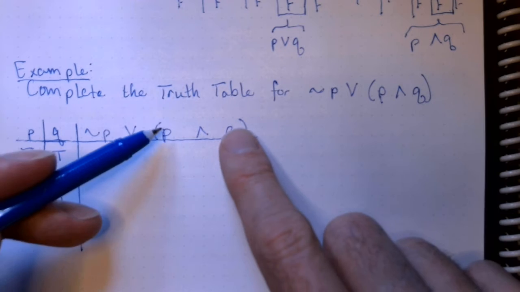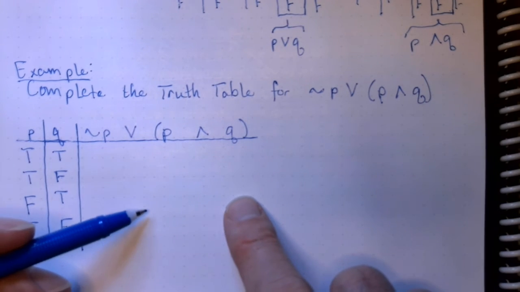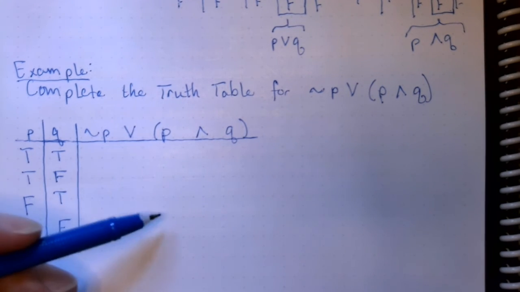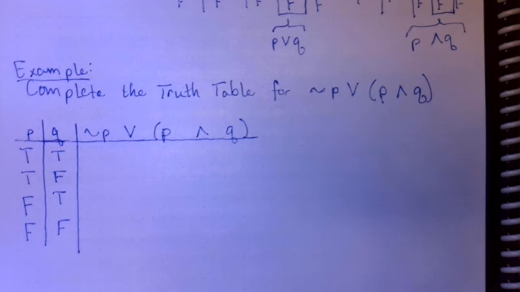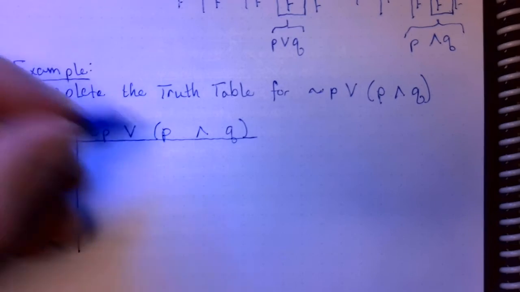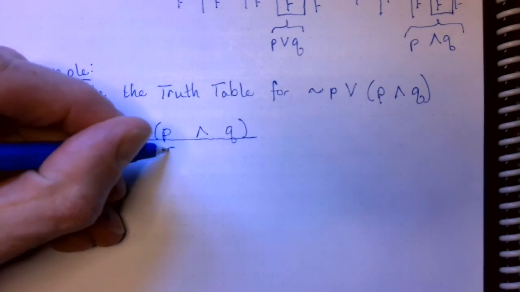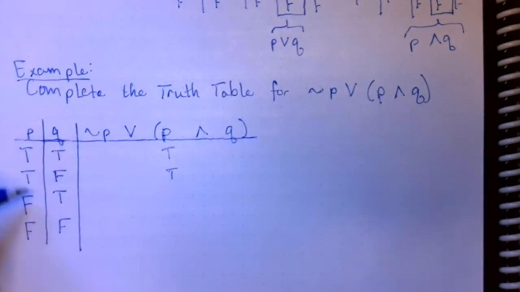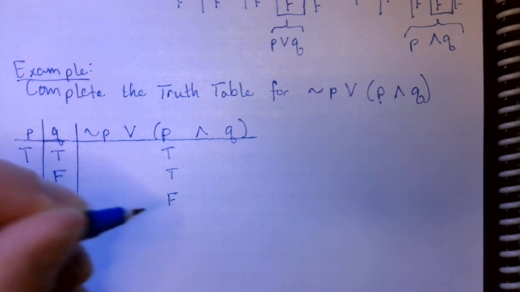Right, now I'm going to work on this stuff first. Okay, I'm going to work here first. So we will fill out the values for P and Q. This is just to remind ourselves of things. I'm really just copying what I have over here.